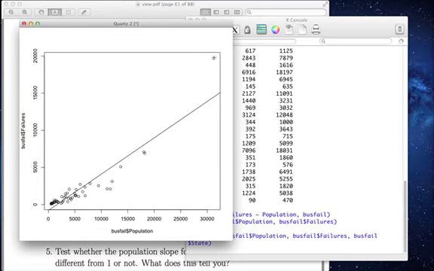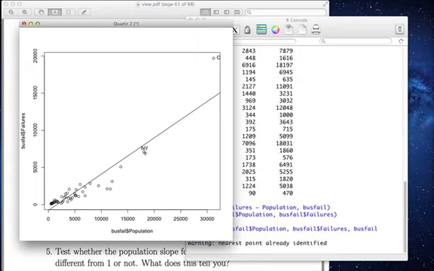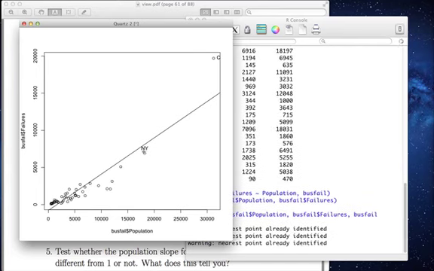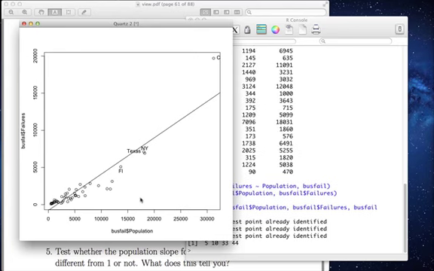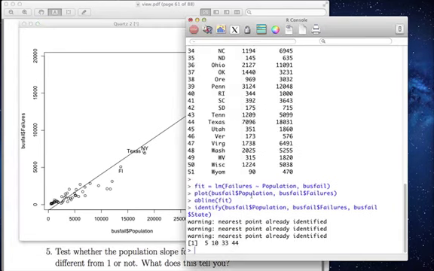If I click on this point, you're going to see it's actually California. And this is New York. This is probably Texas. Yeah, that's Texas. And that's Florida. To get out of this, you just hit escape. Okay, so we've got a problem with California that's bringing up the entire regression line.